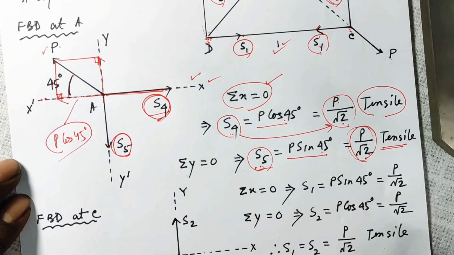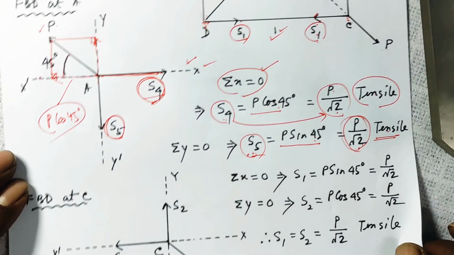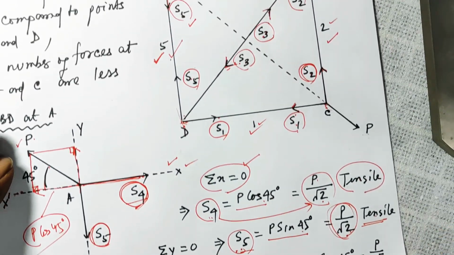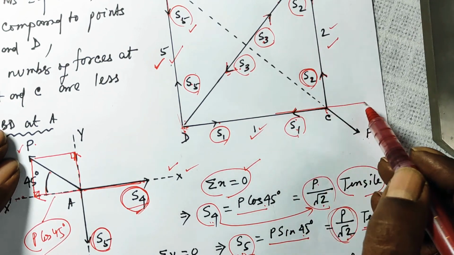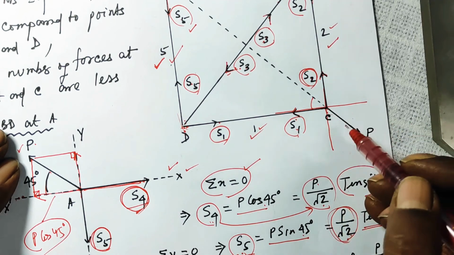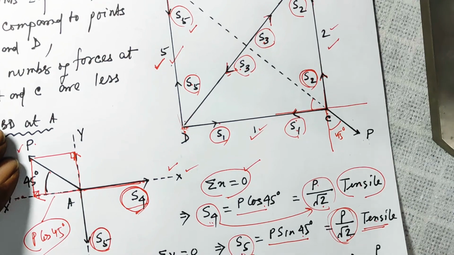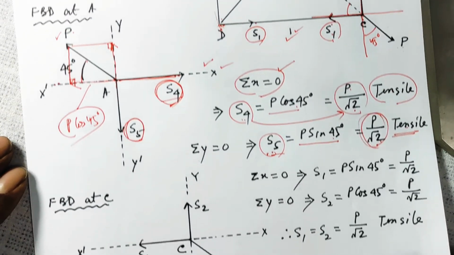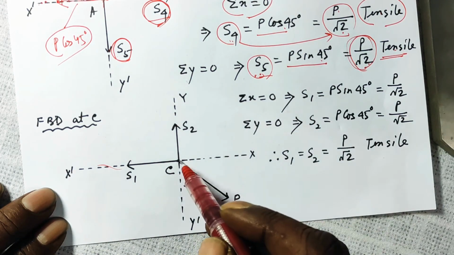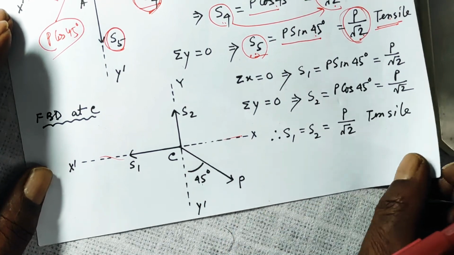Now let us apply a free body diagram at point C. At point C, I have taken this as x-axis and this as y-axis. Now since this angle is 45, this angle will also be 45. So the free body diagram looks like this: x-axis, y-axis, positive x-axis, negative x-axis, positive y-axis, negative y-axis.